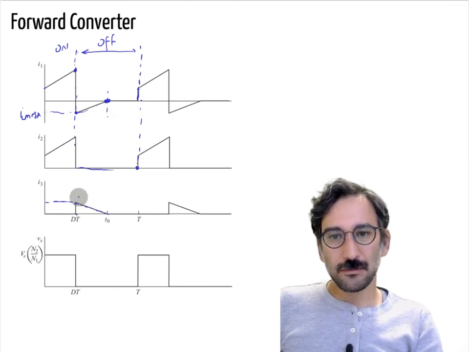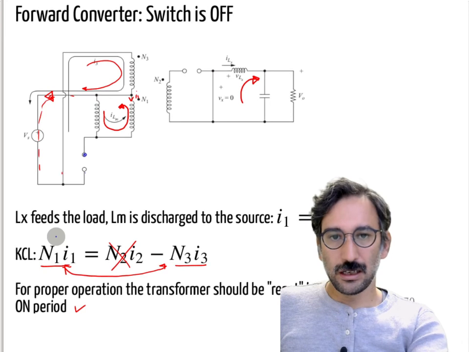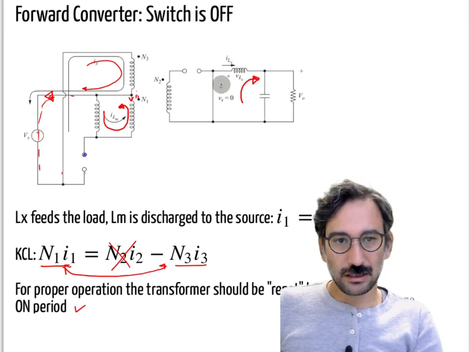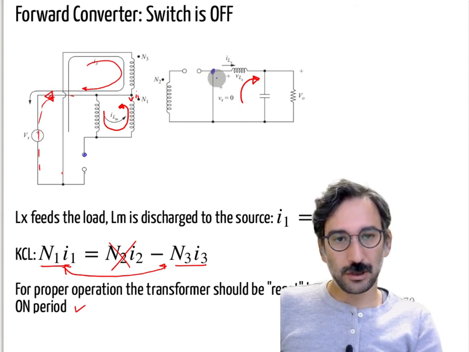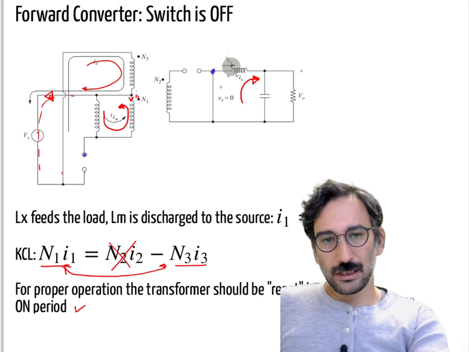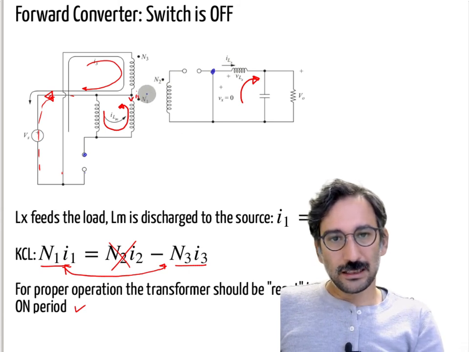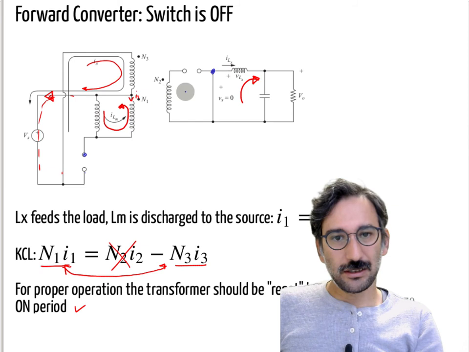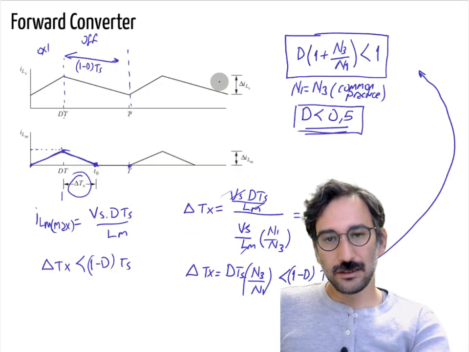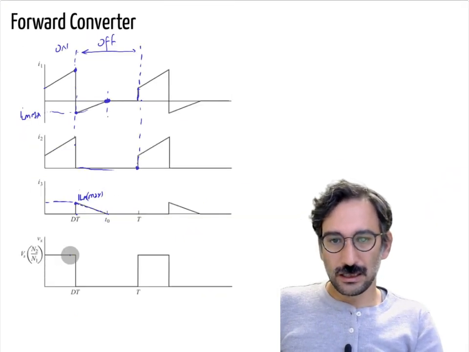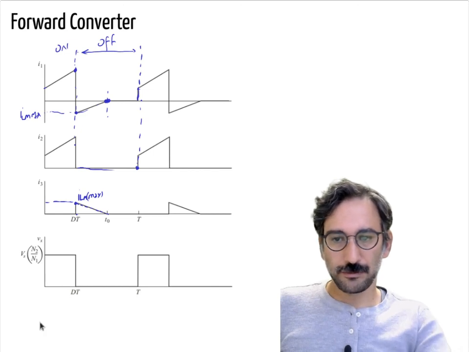If they are the same, then you can say this is ILM max. And this is where our voltage is coming, not the real output voltage, sorry, the transformer output voltage. Whenever it is on, you have N2 over N1 times the source voltage, and whenever it is off, because that diode is off and the freewheeling diode is conducting, you have 0 volts. So it is like that circuit.